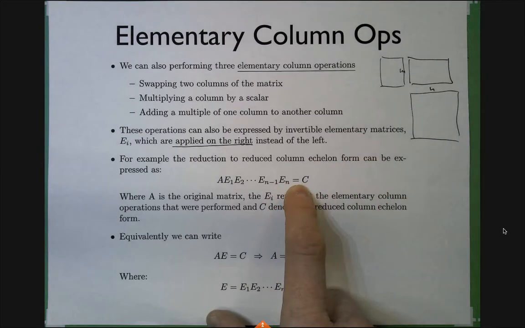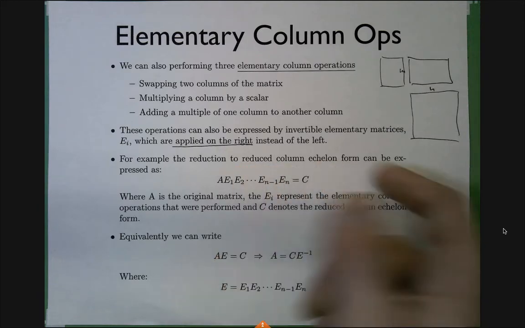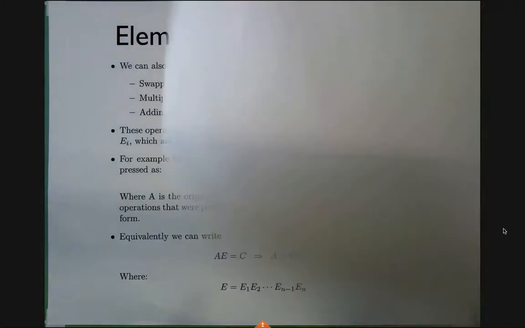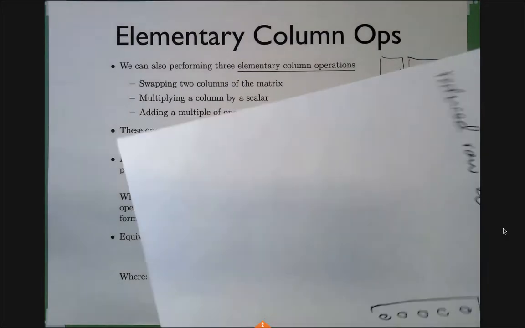And that brings me to, guess what? Reduced column echelon form, okay? So the same idea as reduced row echelon form, just transposed, right? So you can take the images I drew here before, and transpose it, okay?